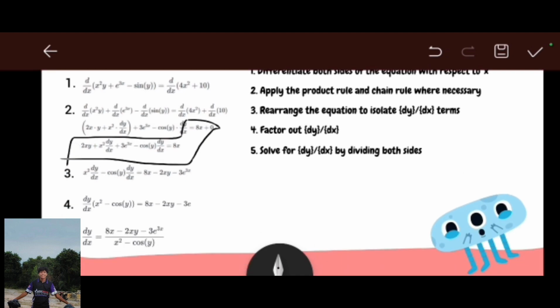Alright, the next step, rearrange the equation to isolate the dy over dx term. Next, factor out dy over dx. And the last step, you want to solve for dy over dx by dividing both sides. So you can get this answer.